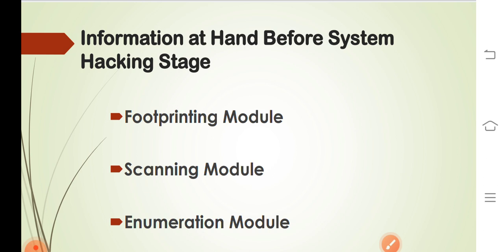The inverse mapping scanning procedure returns the information about the IP addresses that do not map to live hosts. This allows the attacker to make suppositions about the feasible addresses. So this is the scanning module.